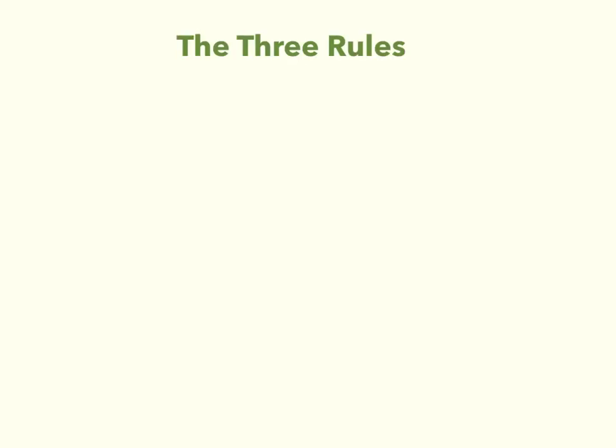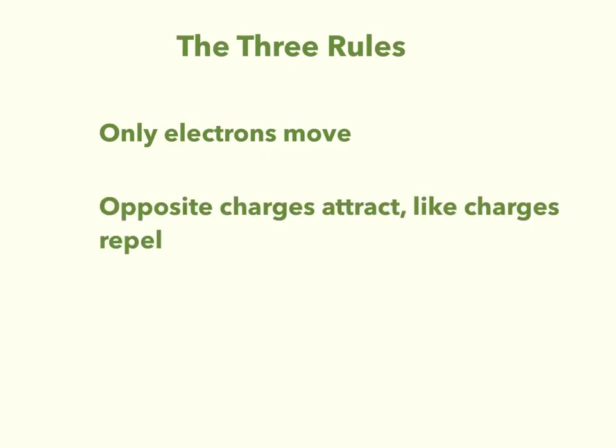Now you're going to be doing a lab using electroscopes, and you're going to be asked to try various things and explain what you see using the 3 rules. So here's the 3 rules. Rule number 1, only the electrons can move because the protons are bound up in a nucleus, so they're not free to move, but only the electrons can move.